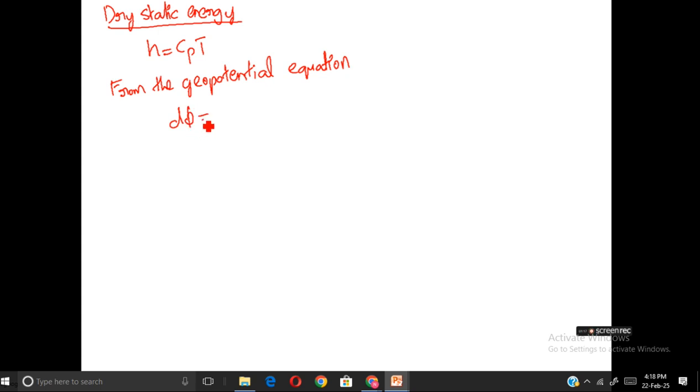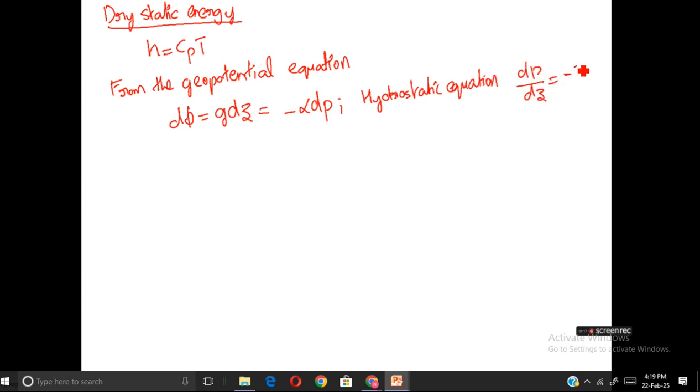So dΦ is given by g dz, which can be written as minus α dP. So minus α dP came from the hydrostatic equation: dP by dz is equal to minus ρg. As I told you earlier, α is basically 1 by ρ, or ρ is equal to 1 by α.